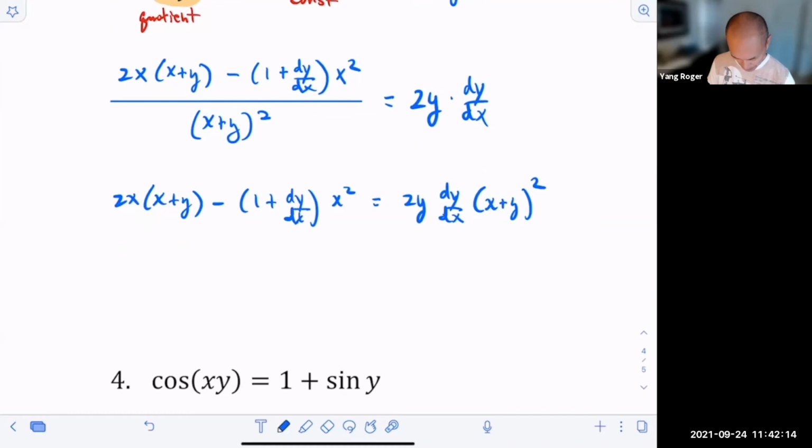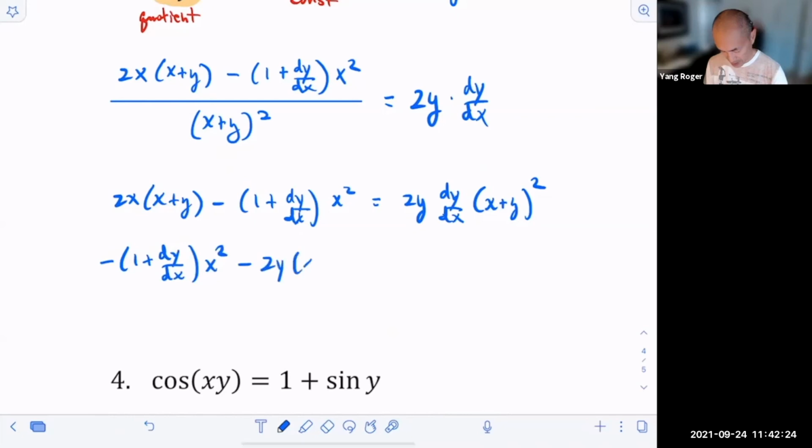We'll put negative 1 plus dy dx times x squared minus 2y times x plus y squared times dy dx is equal to, and I'm going to move this piece to the right-hand side. So this becomes minus 2x times x plus y.